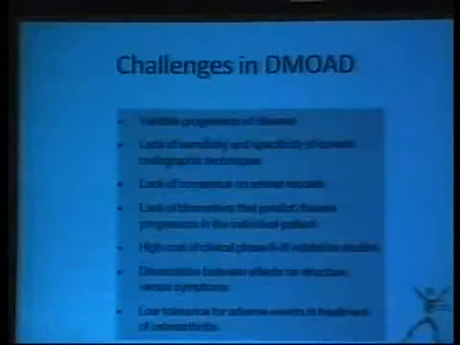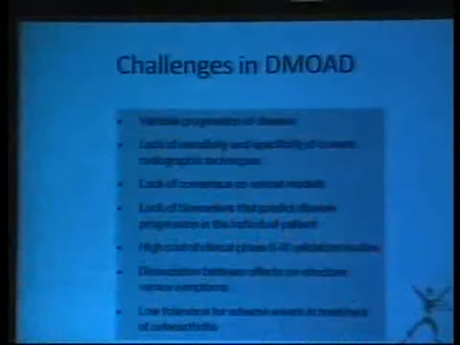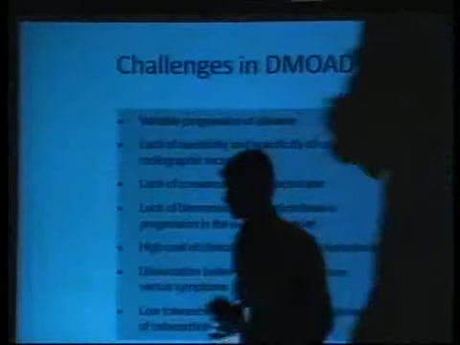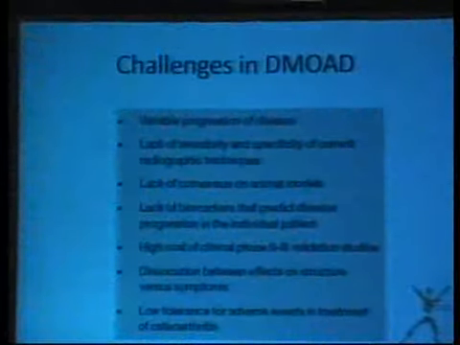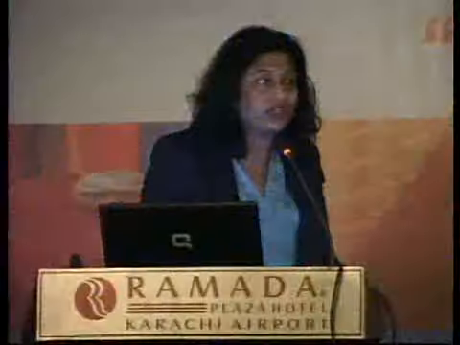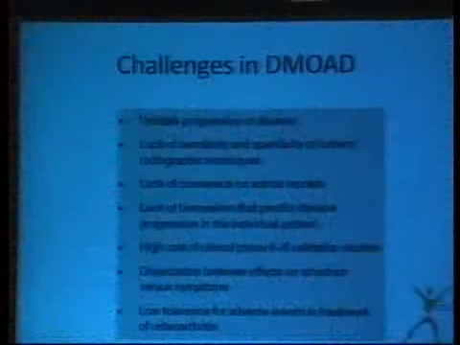And also because we've shown that sometimes, as we'll see soon, sometimes we can improve function or symptoms and we don't improve structure, or sometimes we improve structure and we don't improve symptoms. So this has been a huge problem, unlike rheumatoid. We get rid of the swelling in the joint and you prevent radiological progression almost always, but not here. And because it's such a common and ubiquitous disease, osteoarthritis, people do not tolerate side effects for patients with osteoarthritis, because everyone has a little bit of osteoarthritis.